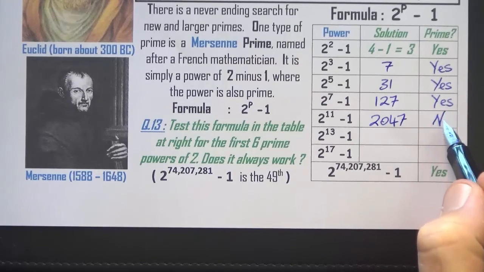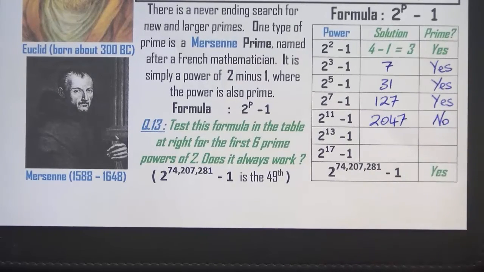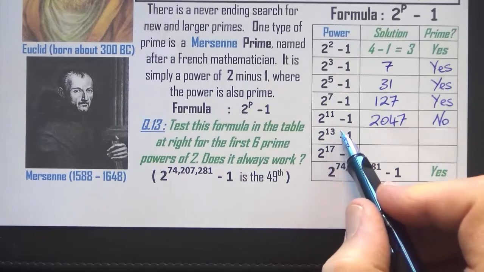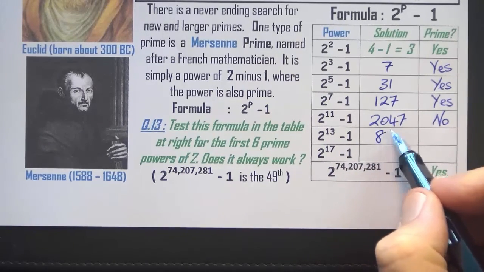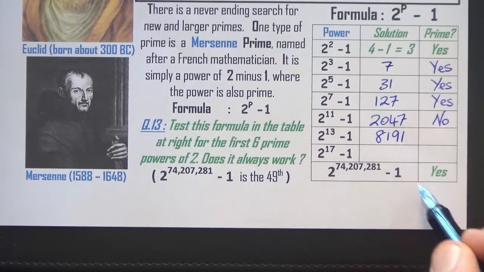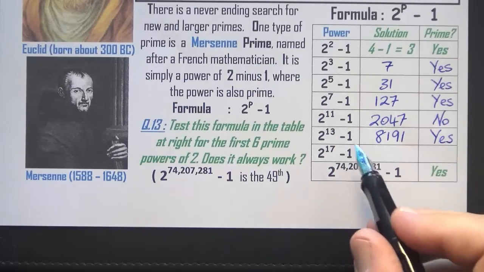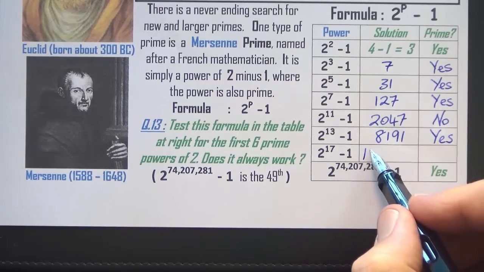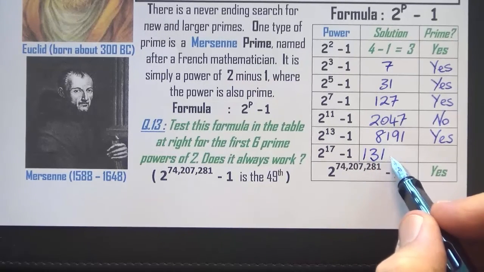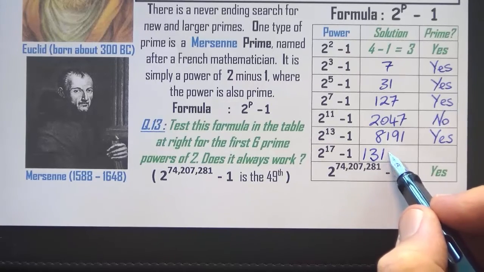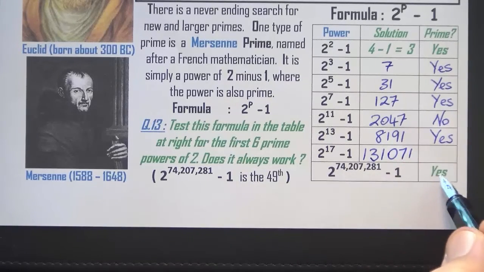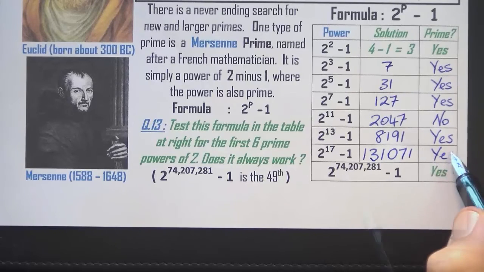No. That number is 23 times 89. 2 to the 13th power minus 1. Is it prime? Yes. And 2 to the 17th power is 131,071. Is it prime? Yes.